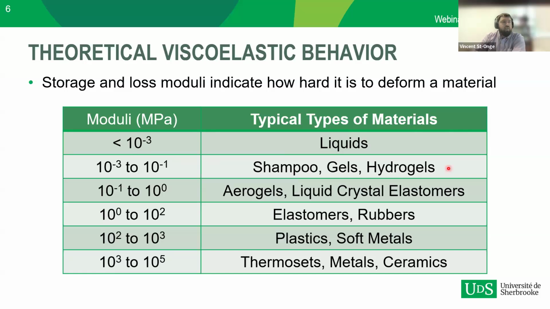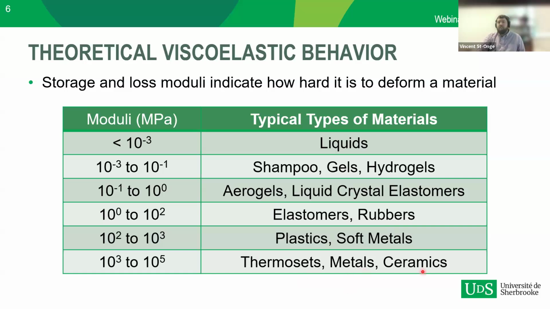As you increase either the viscosity or the elastic component of your material, you get shampoos, gels, and hydrogels, and you also increase the moduli. Then you get to aerogels and liquid crystal elastomers, which are a bit special in their own categories. As you keep increasing, you reach the elastomers and rubbers, which will likely be the main focus of the talk today. If you keep increasing the moduli, then you have plastics, soft metals, and then thermosetting resins like epoxy resins.